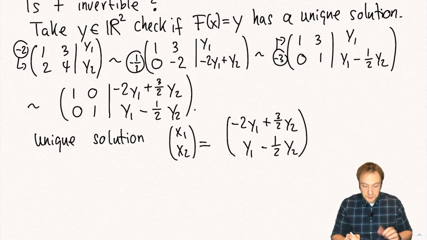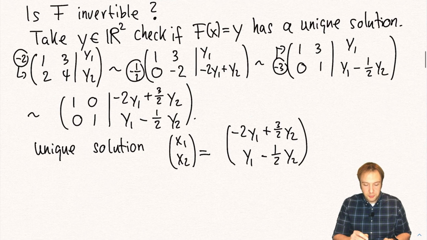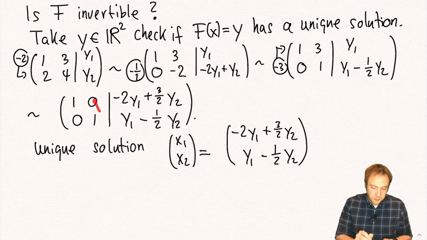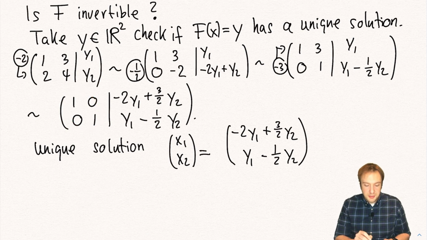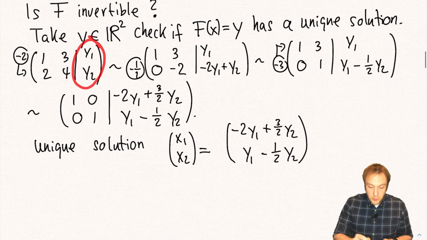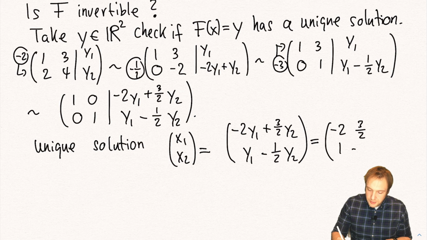In particular, this map is surjective because this works for any y, and it is also injective because we don't have any free variables and we get a unique solution. So for a given y we get an explicit x. And this we can also write by the matrix minus 2, 3/2, 1, minus 1/2 times the vector y1, y2.